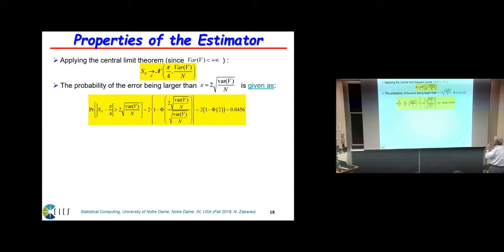So basically I claim here that this integral is 2 times 1 minus phi calculated at 2, where this is the CDF of the normal Gaussian. Can you imagine from where this is coming? What type of distribution is this, minus the mean, divided by this term, sigma over square root of n?